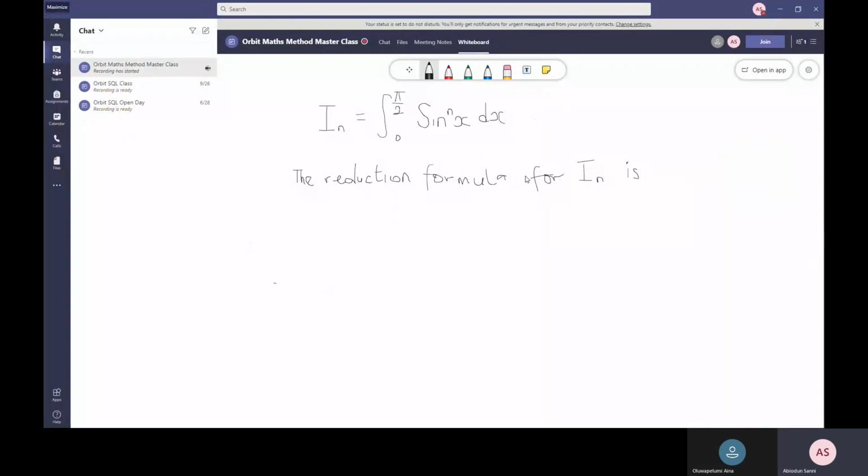I don't like pushing. I know I've done this, so I don't know why we are doing this again. Without wasting much of our time, I will just erase this.